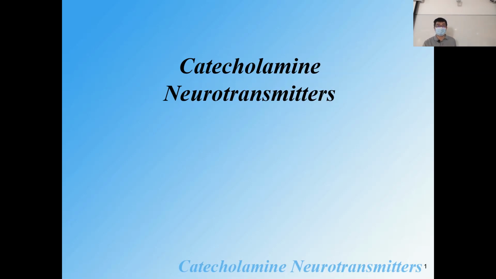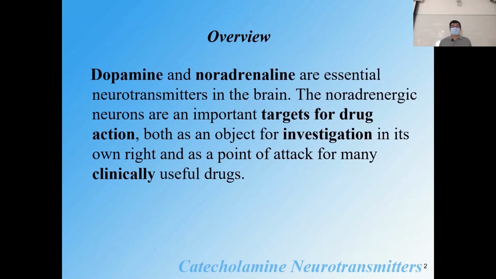So the category of amines is actually an important category of neurotransmitters, both in the peripheral and the central nervous system. Obviously, the functions in the peripheral will be quite different from the central nervous system. Let's look at those. This group includes the catecholamines, dopamine and noradrenaline.